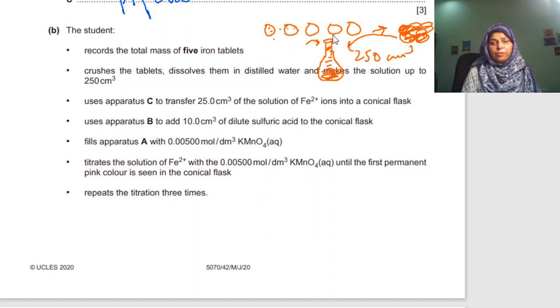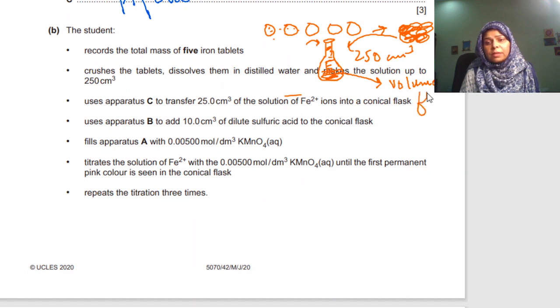Again I'm repeating, 5 iron tablets are crushed, dissolved in distilled water, and made up to 250 centimeter cube in a volumetric flask.